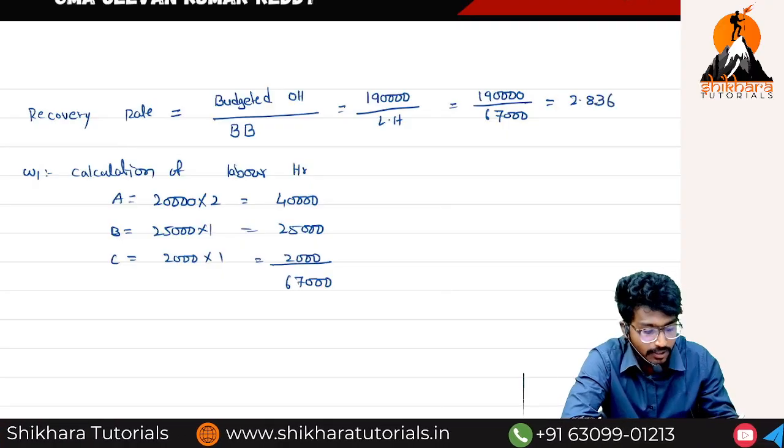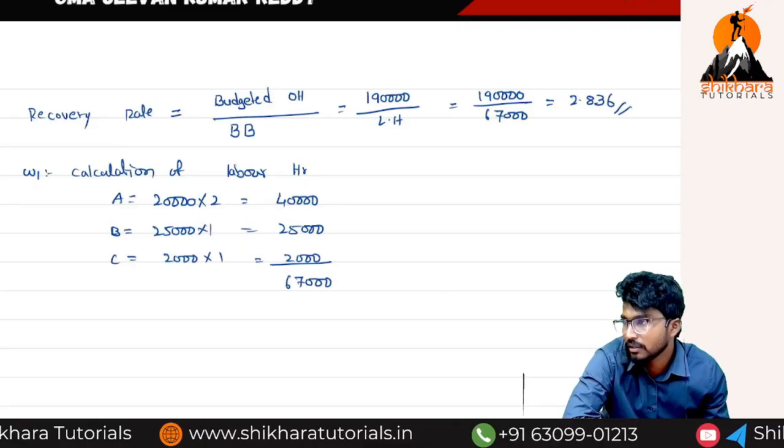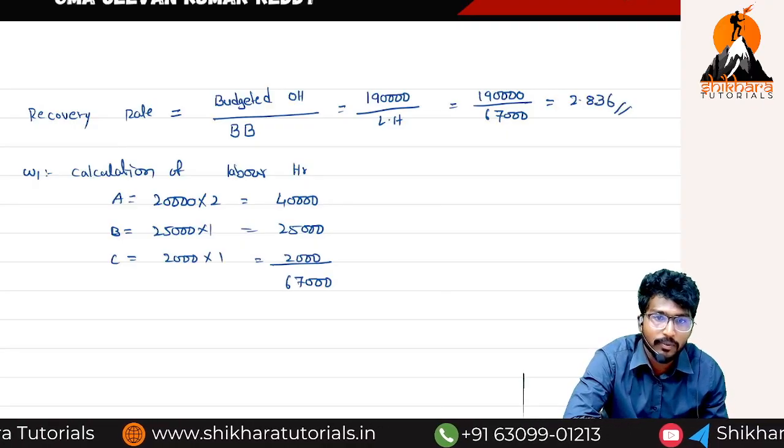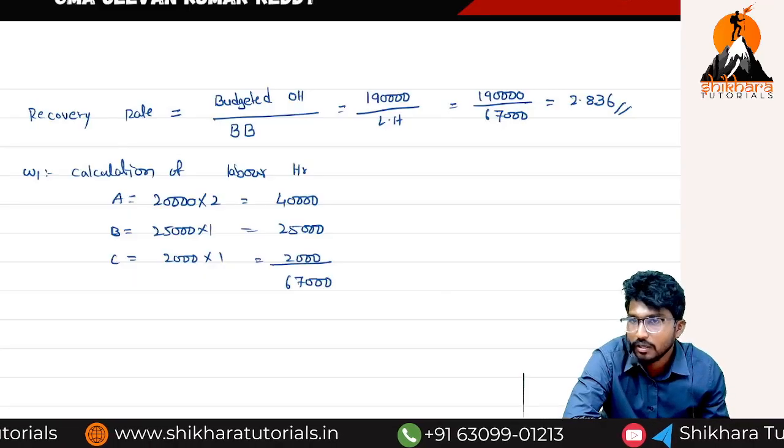2.836 is the recovery rate of overheads per labor hour under the traditional costing system.